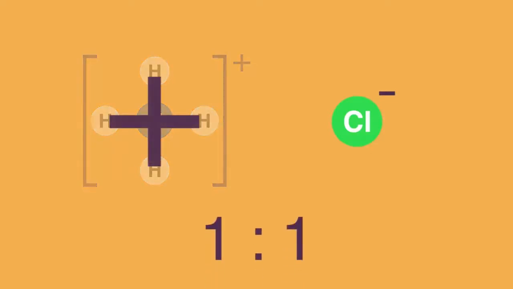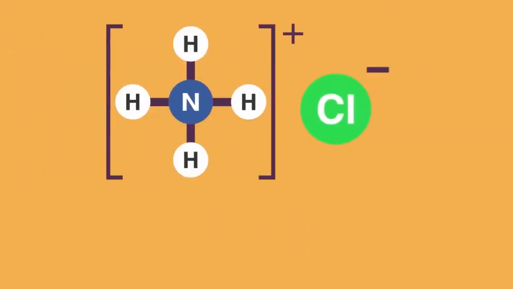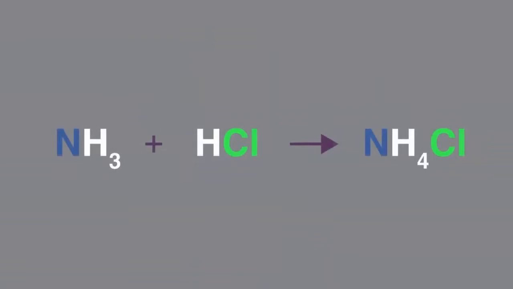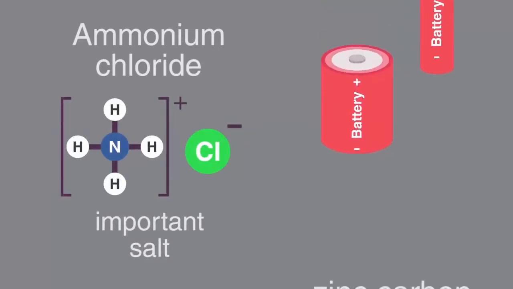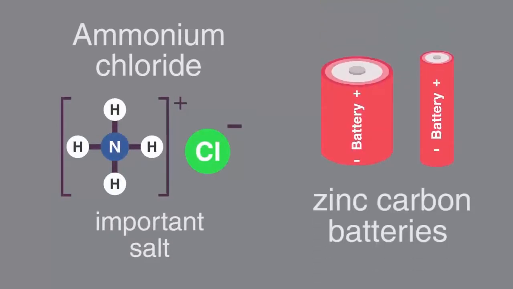The +1 charge of the ammonium is cancelled out by the -1 of the chloride, meaning ammonium chloride has this formula, NH4Cl. Here's the reaction. Ammonium chloride is an important salt because it's a main component in zinc-carbon batteries.